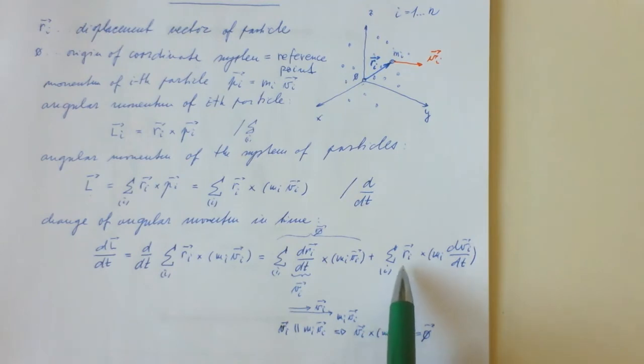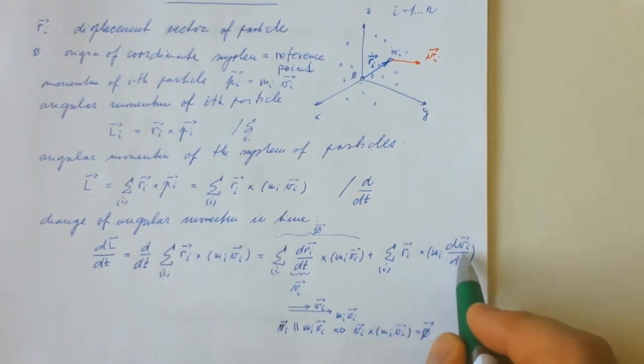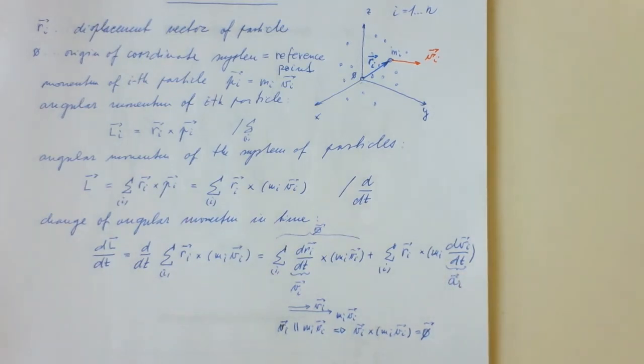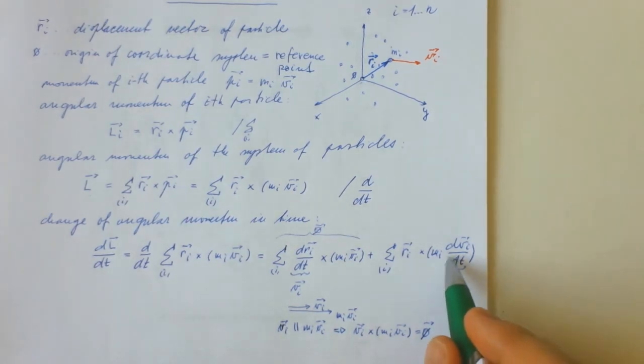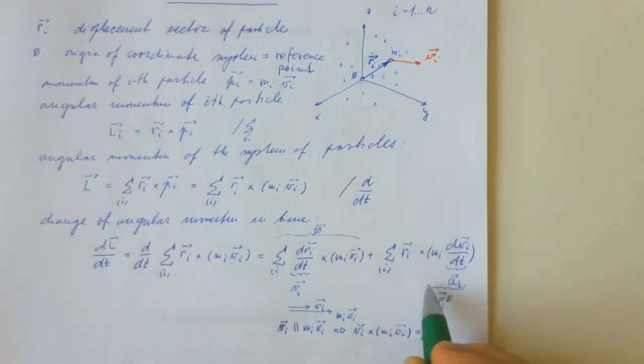Plus Ri, we keep it as it is, cross the derivative of the velocity of the particle with respect to time, which is the acceleration of the ith particle, and mi times ai is the force acting on the ith particle.